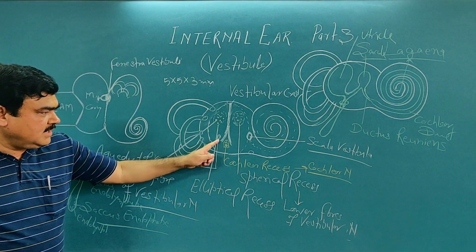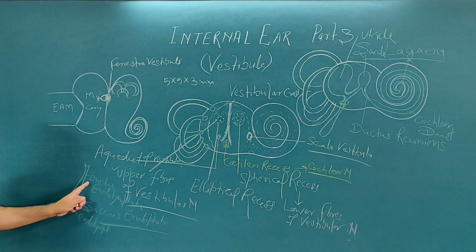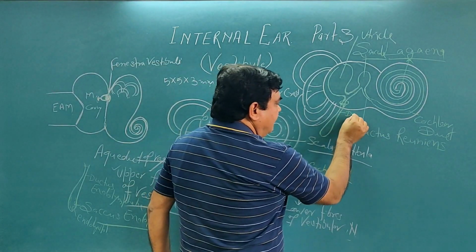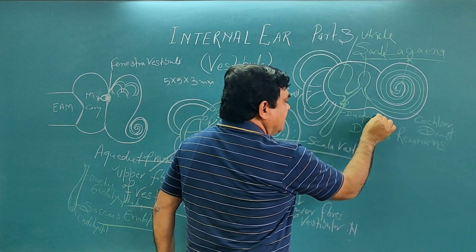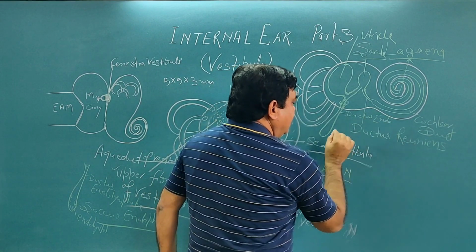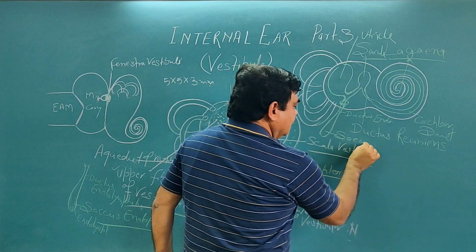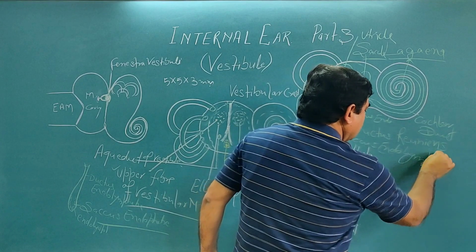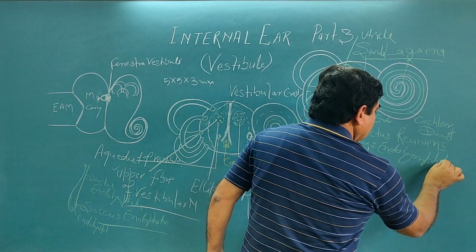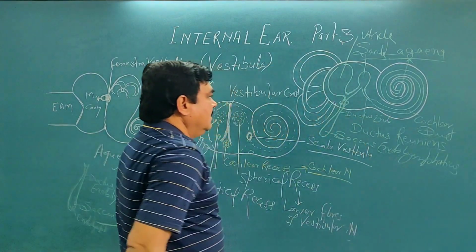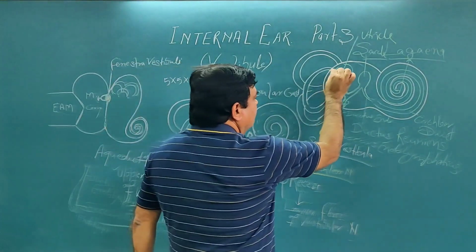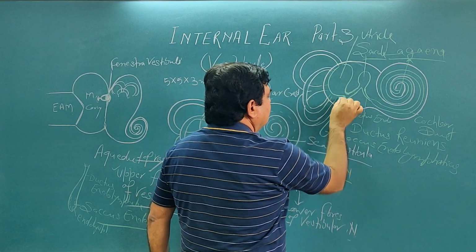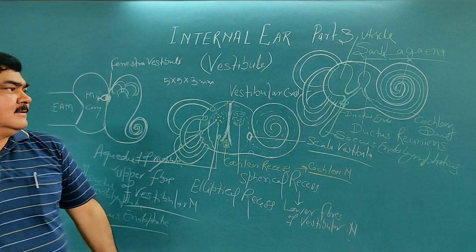It has the ductus endolymphaticus part and the saccus endolymphaticus. And it communicates with 3 semicircular canals.